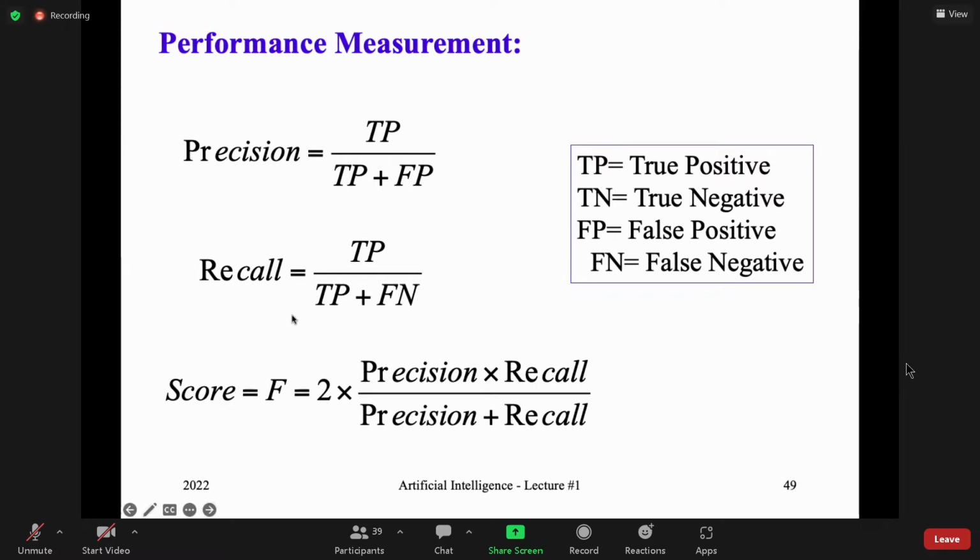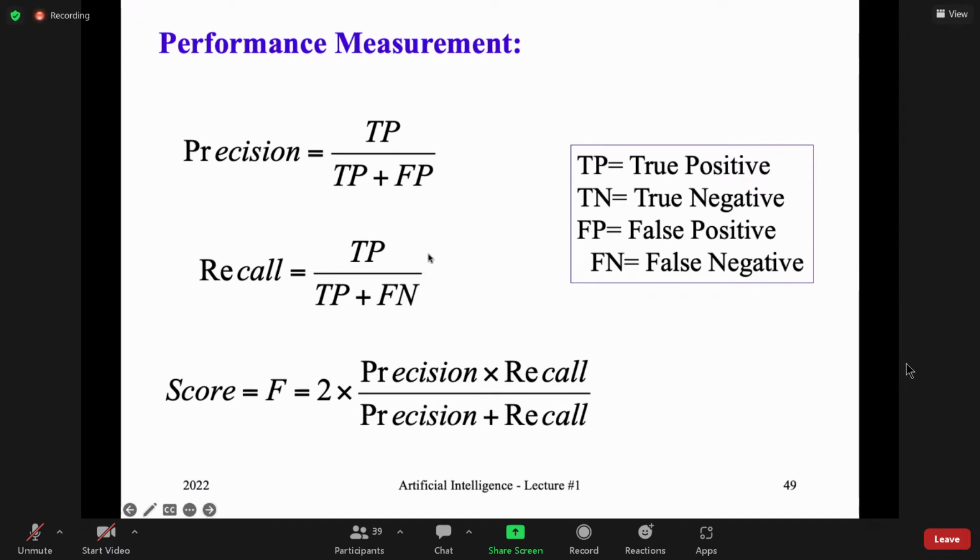Another metric is the recall, and that is this one. Okay, and after that we can measure the full performance, the full score of the classifier, and that is obtained with this equation, which is here.